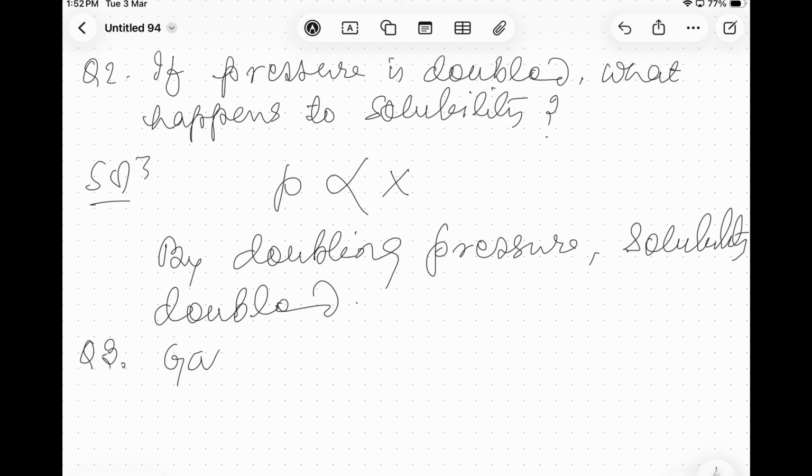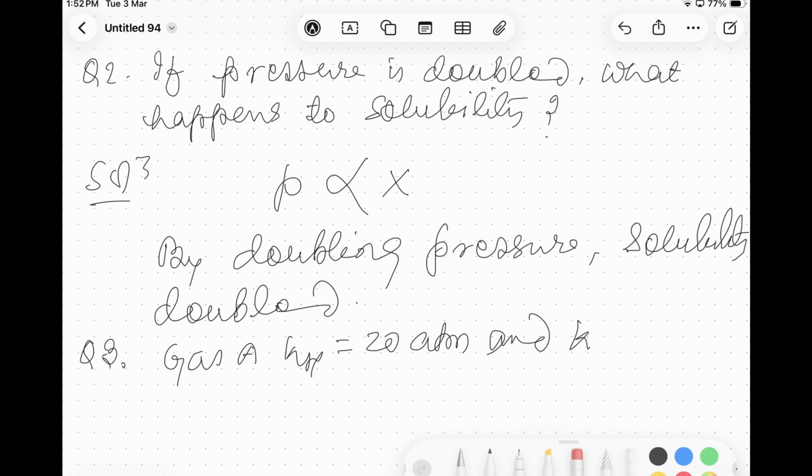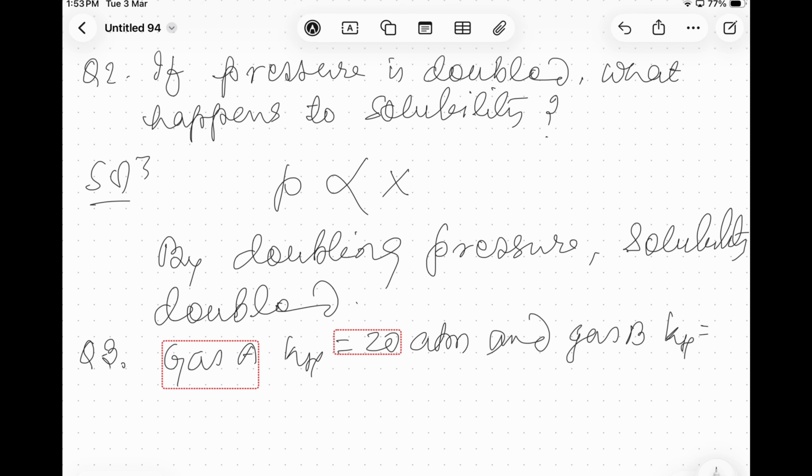If gas A has KH 20 atm and gas B KH is equal to 80 atm, which gas is more soluble?